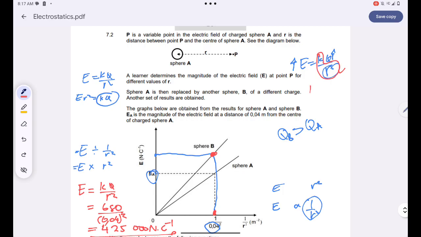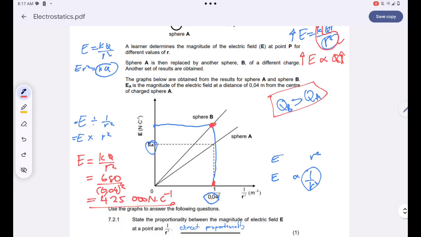This simply means that electric field is directly proportional to the charge which is causing the electric field. So if this thing is increased, that means the charge would have been increased. Are we together? And hence, the charge on sphere B should be greater than that of sphere A.